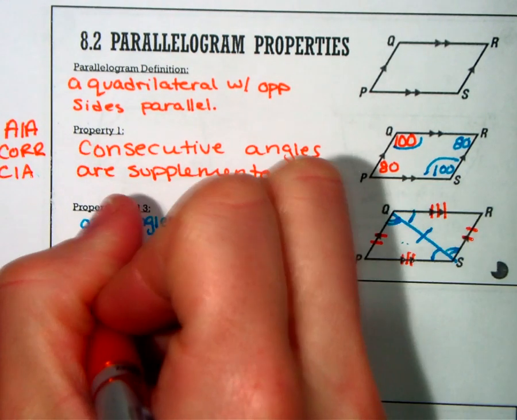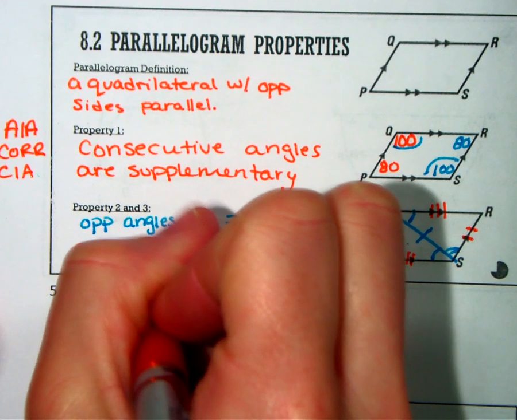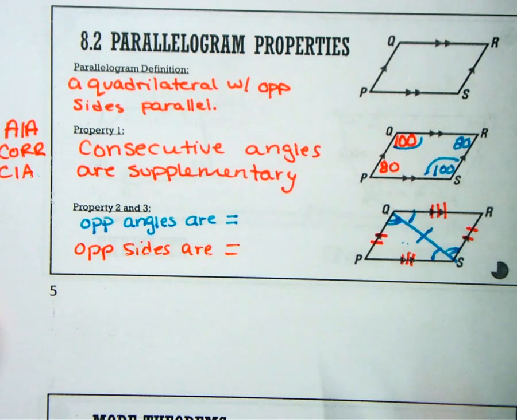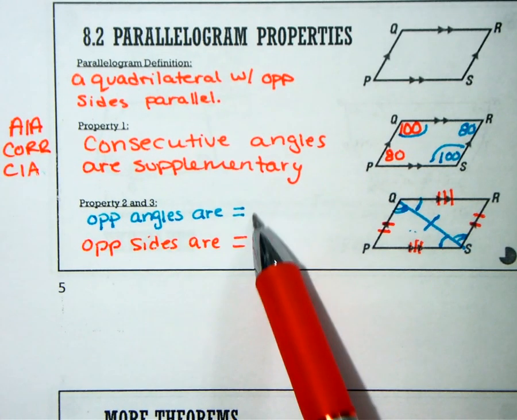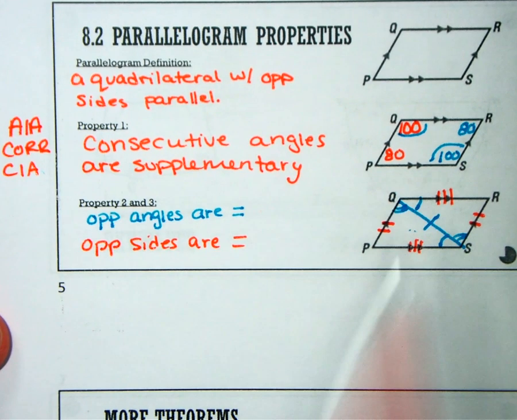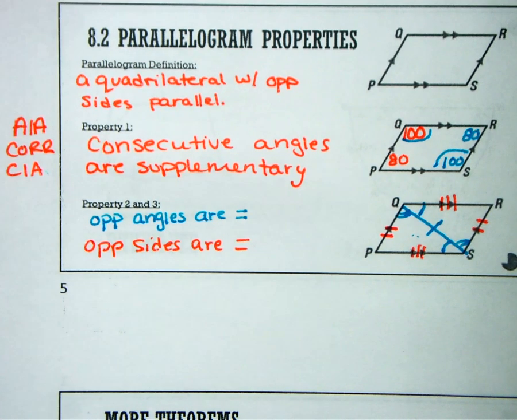So the third property is that opposite sides are also equal to each other. Okay, so a lot of your homework is going to be using these properties appropriately. So look at this. There's going to be a lot of set and equal, right? Got a lot of set and equal so far. You just have to know to set those equal. Okay, so let me just show you a couple pictures on the side. So the next slide over here.